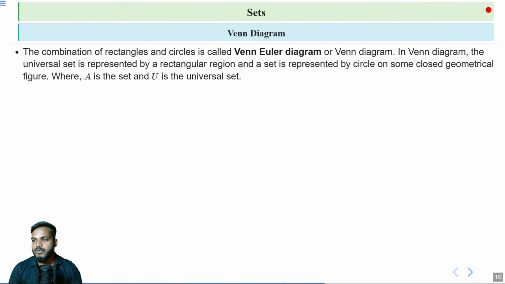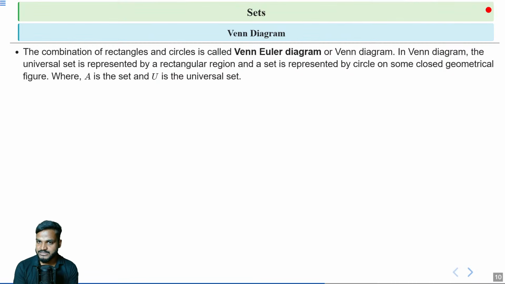Now we will talk about Venn diagram. So what is a Venn diagram? It is also known as a Venn-Euler diagram, because Venn and Euler were the scientists who explained this method. So a Venn-Euler diagram is a combination of rectangles and circles. In a Venn diagram, the universal set is represented by a rectangular region.